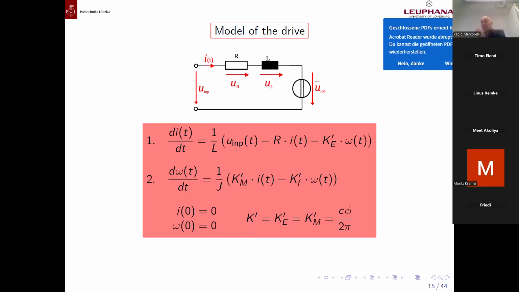If you remember a little bit about the motor, it is summarized in this electrical model. R and L represent the physical characteristic of the coils. But very important, what characterizes the motor is this induced voltage, which basically is the reaction of the movement of the rotor inside the stator.